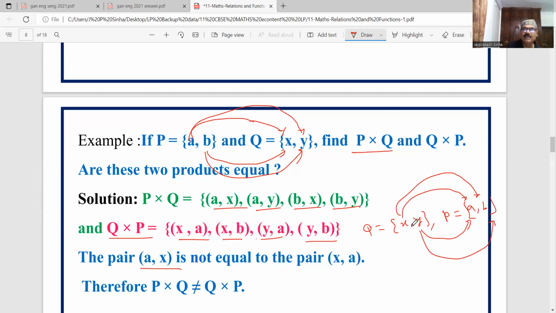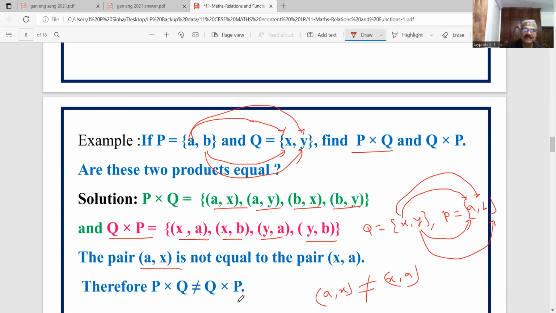So what we see here, AX is not equal to XA, because the first element should be equal to the corresponding first element, and the second element should be equal to the second element, but here it is not. That is why it is called ordered pairs.